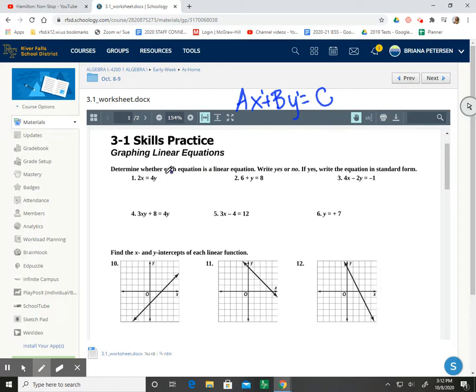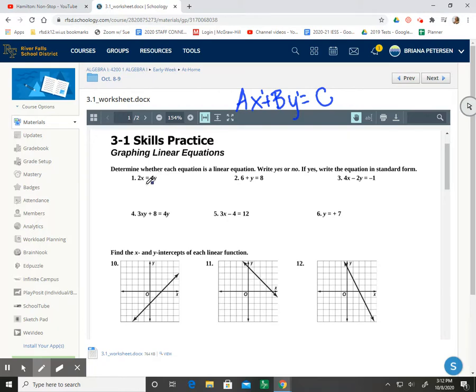For this equation here, I think the easiest way to determine whether it is a linear equation is to write it in standard form. That's the form we know. So how could I write number 1 in standard form? I need x and y on the same side. Let's leave the x here and move my y's over here. We've talked about this with solving equations.